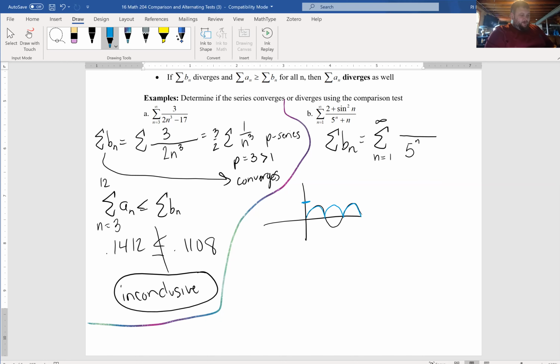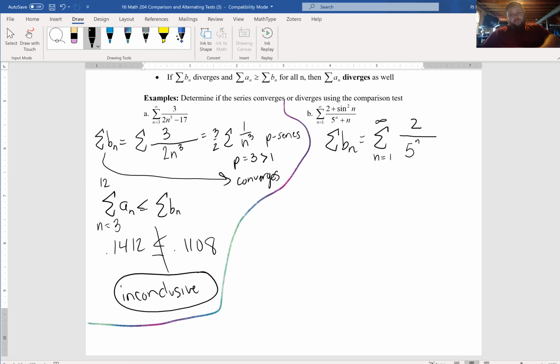So can sine squared be bigger than 2? No. It can only be as big as 1, right? So in fact, 2 is actually the bigger term there.